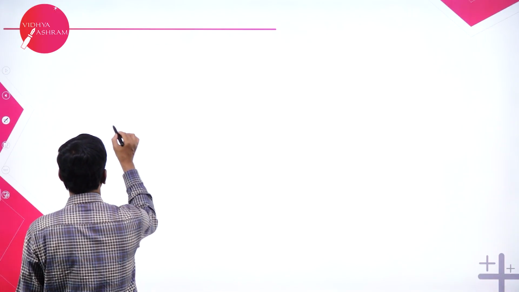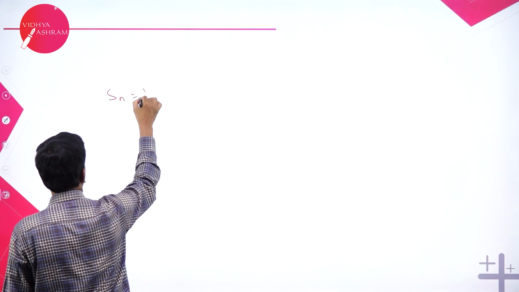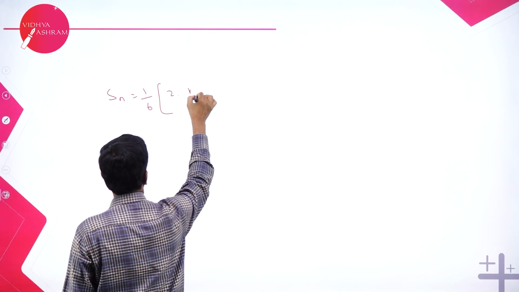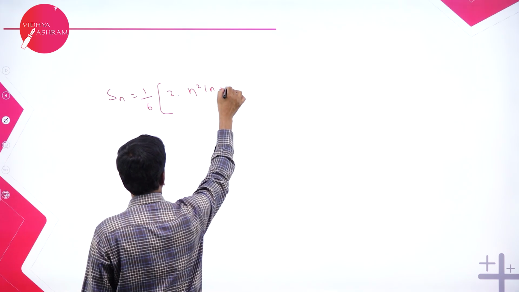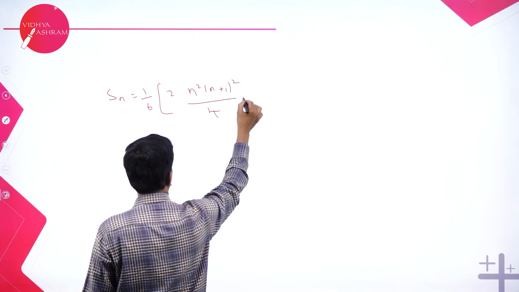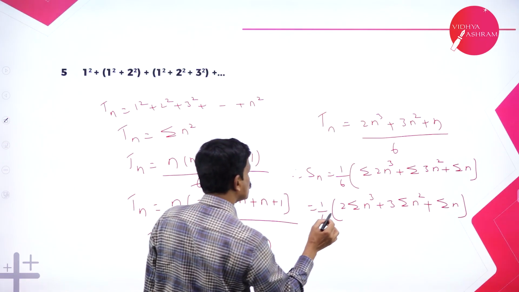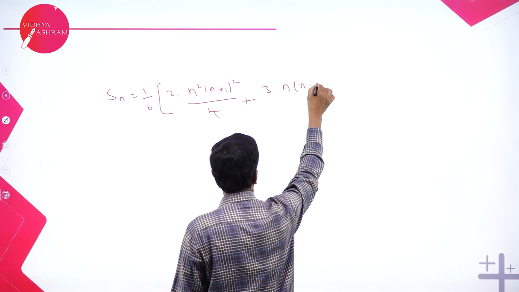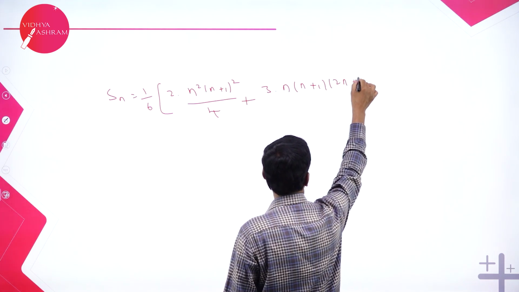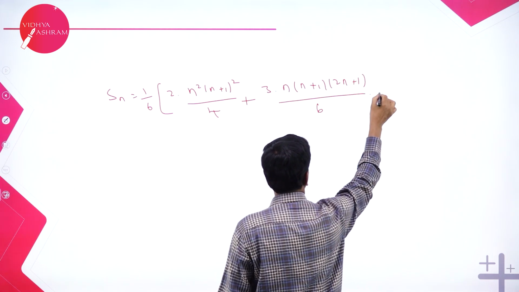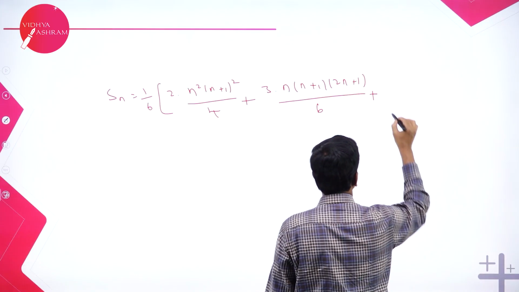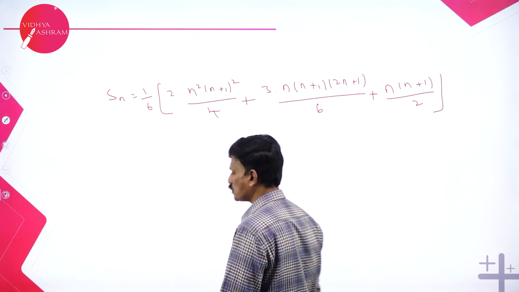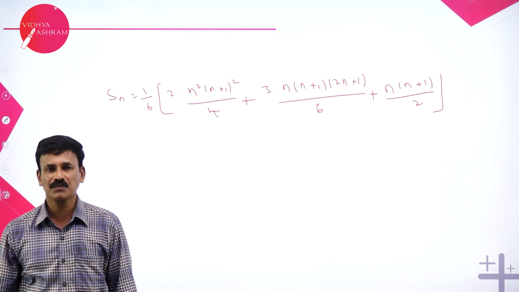So Sn is equal to 1 over 6 into 2 into sigma n cube, which is n square into n plus 1 whole square divided by 4, plus 3 into sigma n square, which is n into n plus 1 into 2n plus 1 divided by 6, plus sigma n, which is n into n plus 1 divided by 2. Substitute these values, take LCM and simplify, and you'll get the answer.